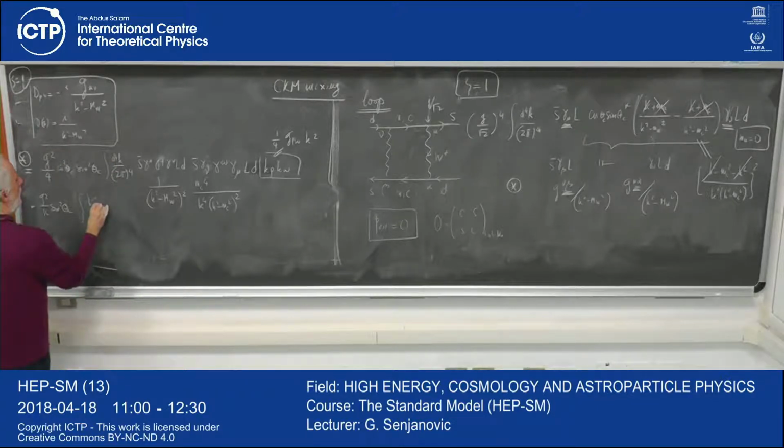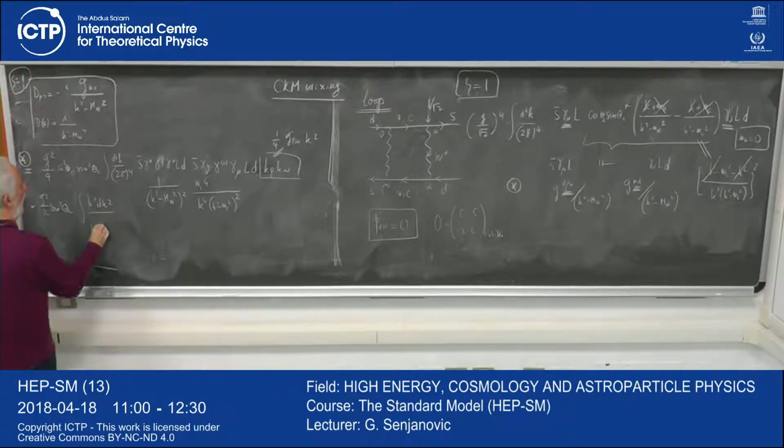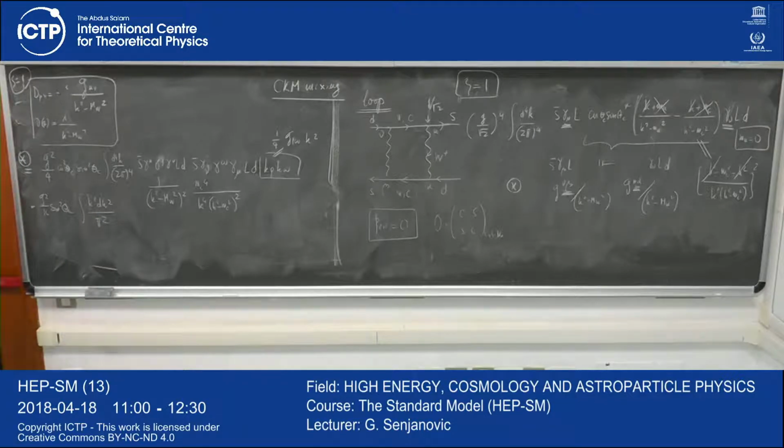d4k I can write as k squared dk squared. There is pi squared. So now I'm going to get here over pi squared with some factors. Let me write proportional now; I'm not going to compute.